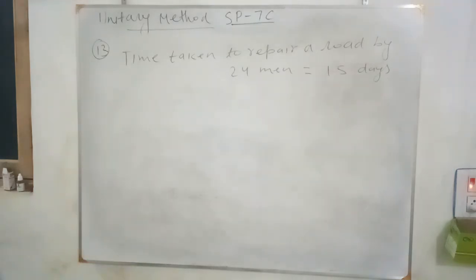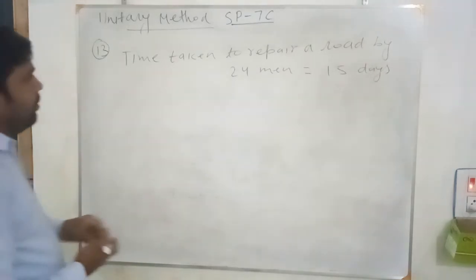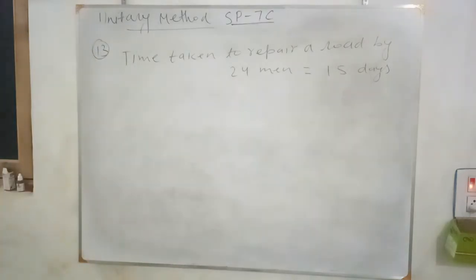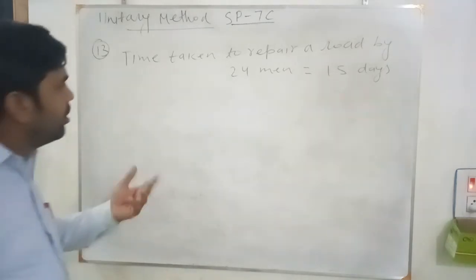How long will it take 20 men to do so? If instead of 24 men there are 20 men, then how long will it take? It will take more days.